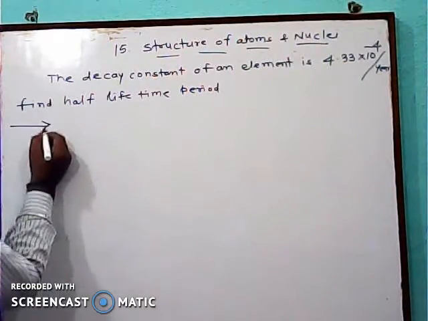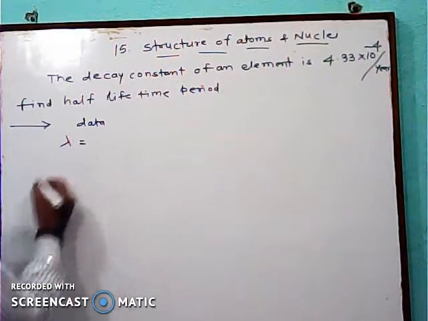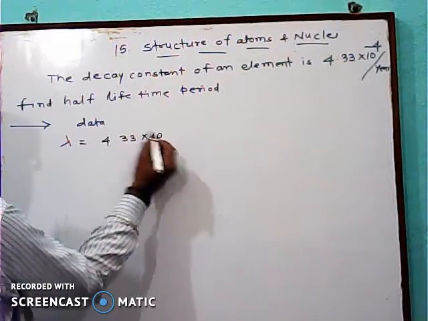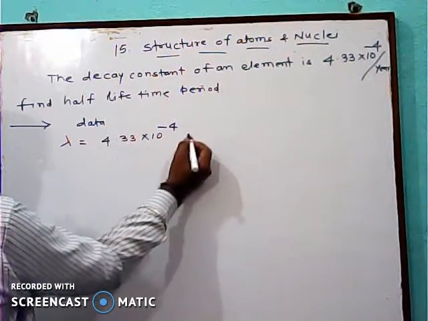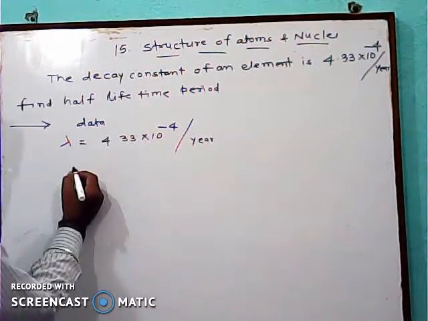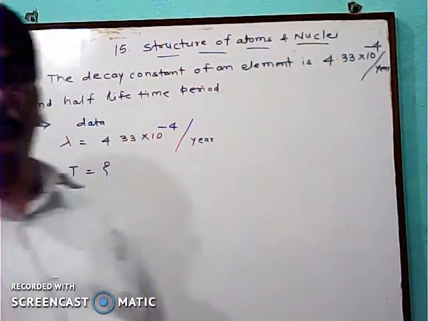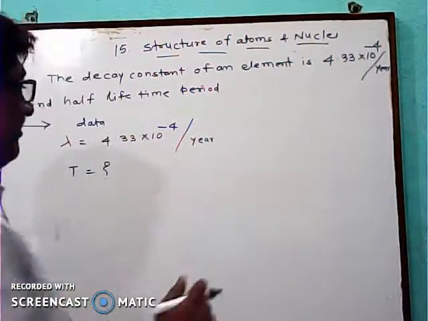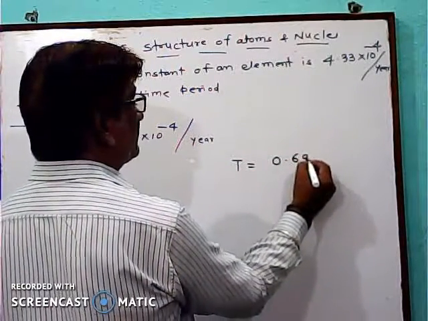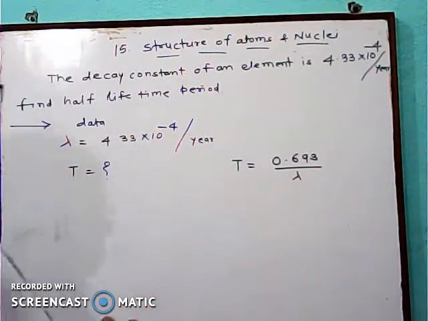So here the data is given: the decay constant lambda is 4.33 into 10 raised to minus 4 per year. We want the half-life time period. So we use the relation that half-life time period is 0.693 upon decay constant lambda.